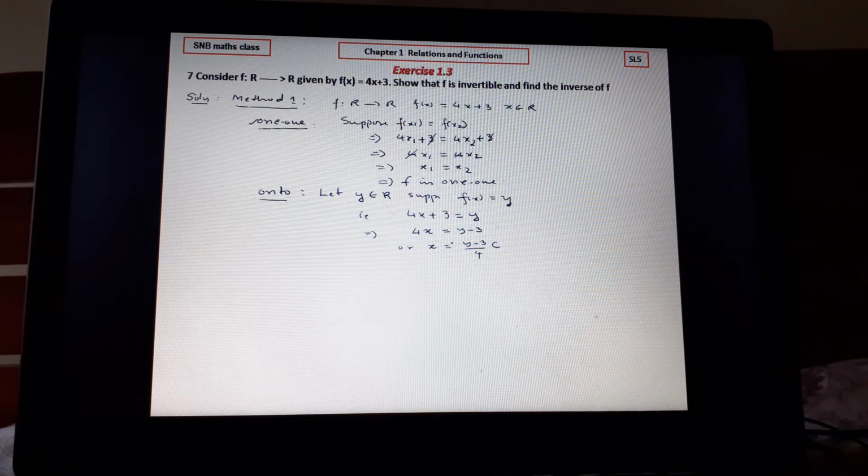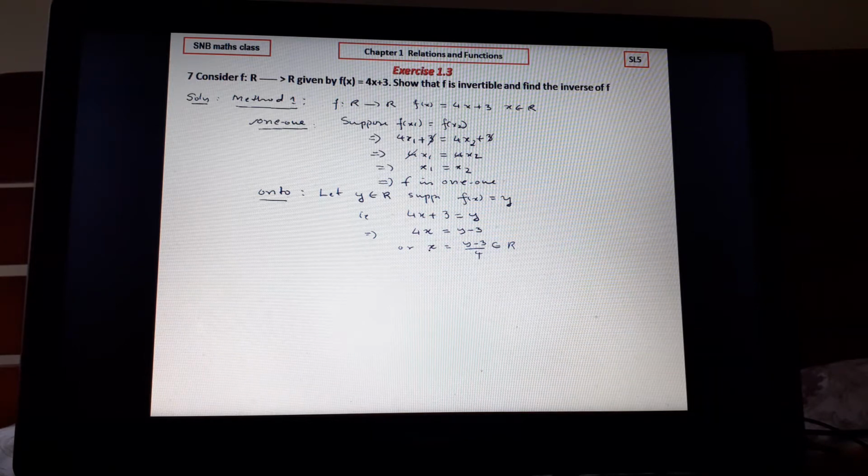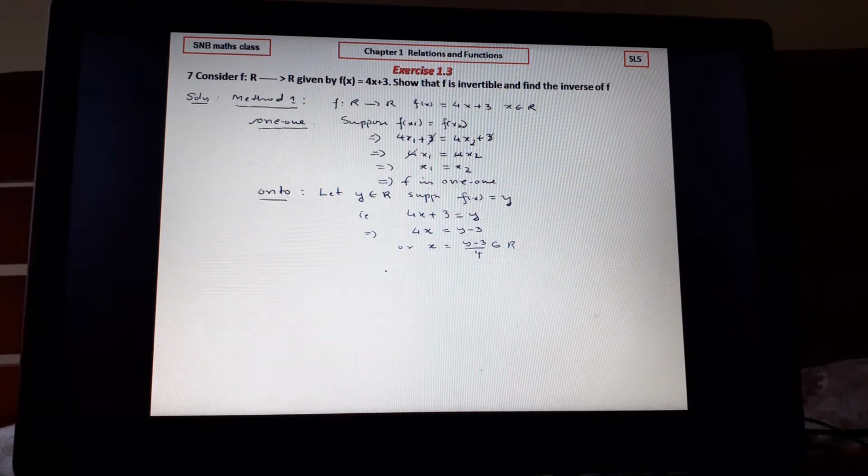Now whenever y is a real number, y minus 3 is also a real number, and (y minus 3) by 4 is also a real number. Therefore this x equal to (y minus 3) by 4 belongs to R. So now what I have to show is this is the pre-image of y.